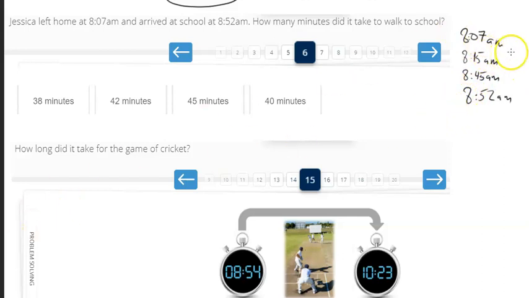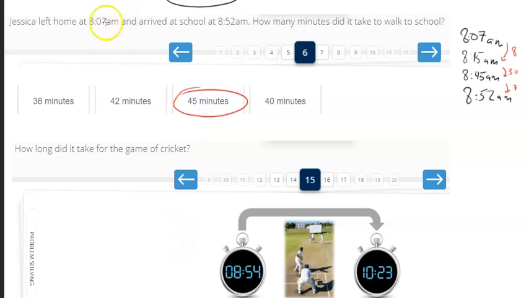Now this seems like a longer way to do it, but this type of process will help you with the next set of questions. So 8:07 to 8:15, this takes us 8 minutes. From 8:15 to 8:45, this is 30 minutes. And then from 8:45 to 8:52, this is 7 minutes. So 8 plus 30 plus 7, all up, will give me 45 minutes.